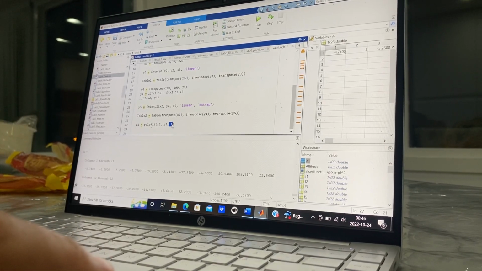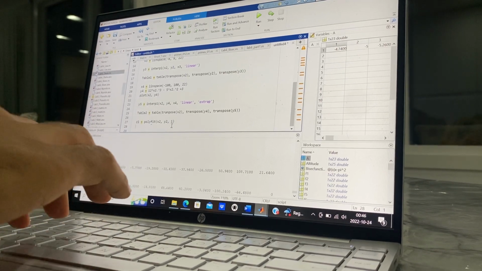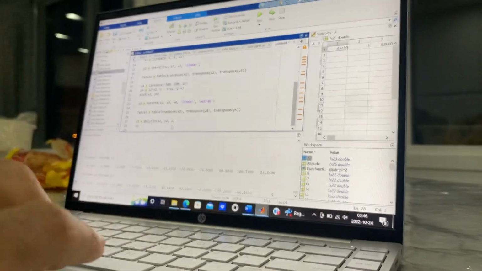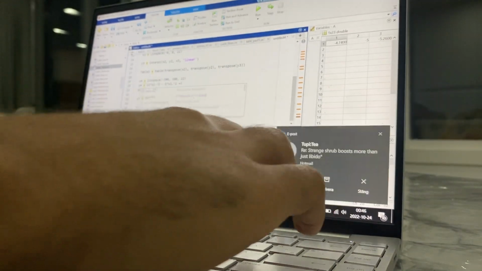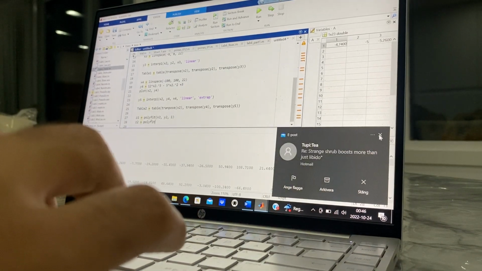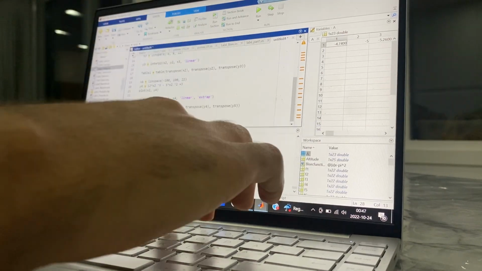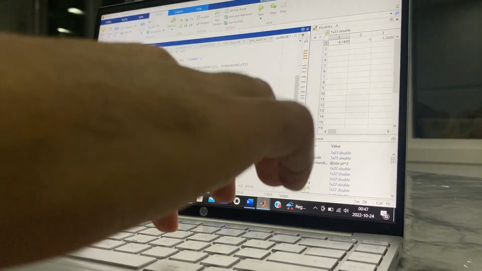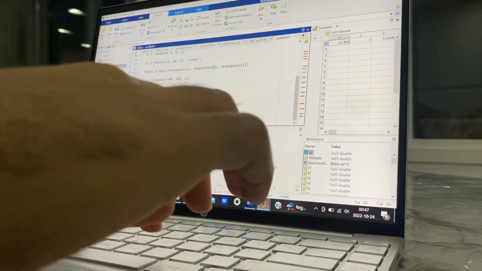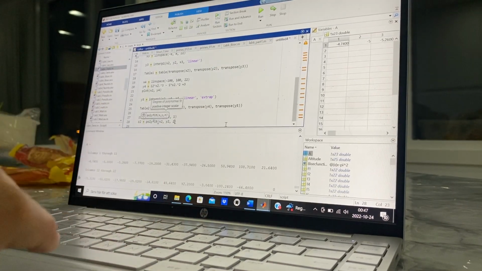As you can see, I put a 1 here. This is the degree. I will create another one, Z2, which is equal to, again, polyfit x2, y2, and 2 this time because it's degree 2.